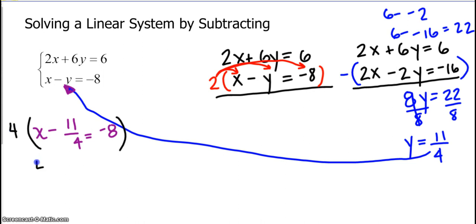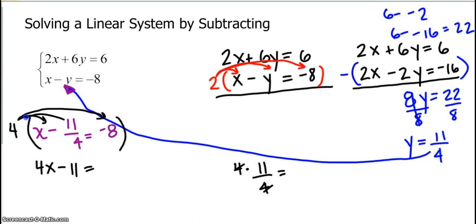4 times x would give me 4x. 4 times 11 over 4, well, the 4's cancel out, and that gives me 11. So we have 4 times x is 4x. 4 times negative 11/4 is negative 11. And 4 times negative 8, notice how I'm not going to make that mistake a second time, 4 times negative 8 is negative 32.